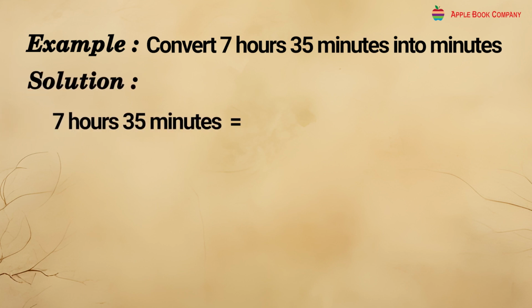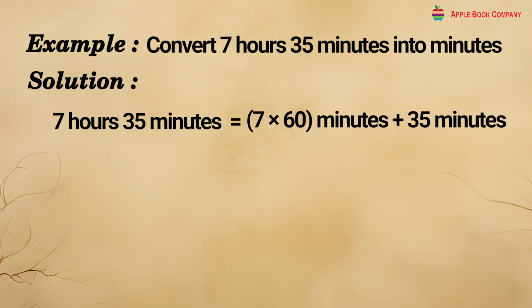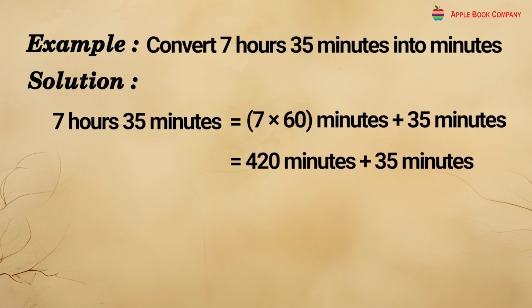So 7 hours 35 minutes is equal to 7 into 60 minutes plus 35 minutes. So 7 into 60 is 420 minutes plus 35 minutes, which is equal to 455 minutes.